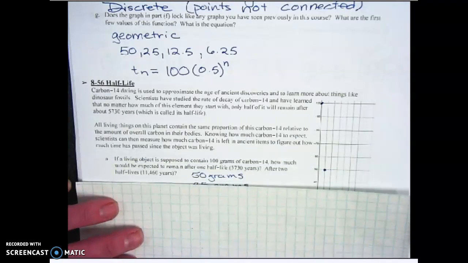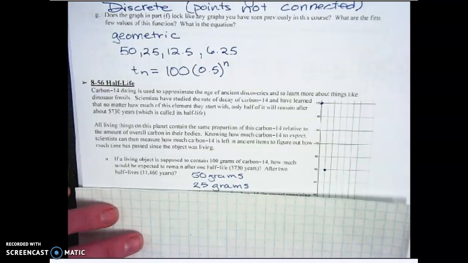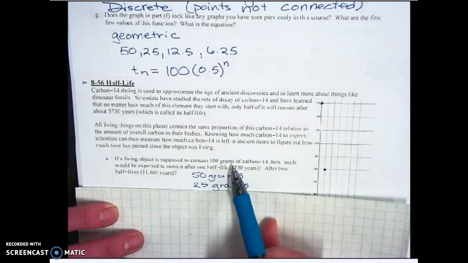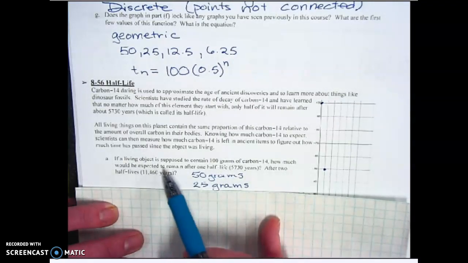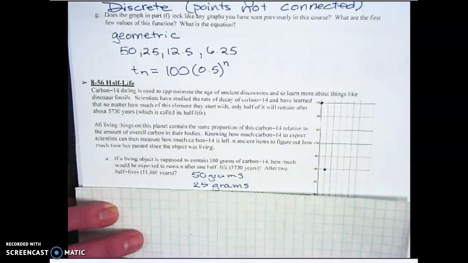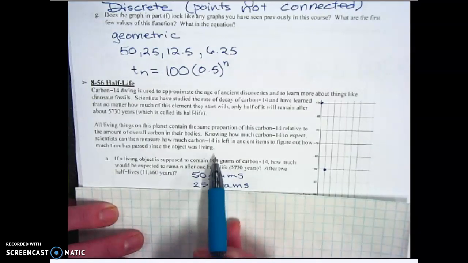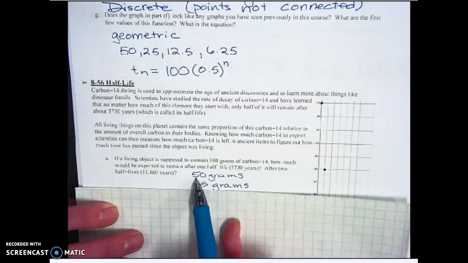So, part A says, if a living object is supposed to contain 100 grams of carbon-14, how much would be expected to remain after one half-life? After two half-lives? And so on. So if you start with 100 and then you half it, you're going to go to 50. And then if you half 50, you're going to get 25.